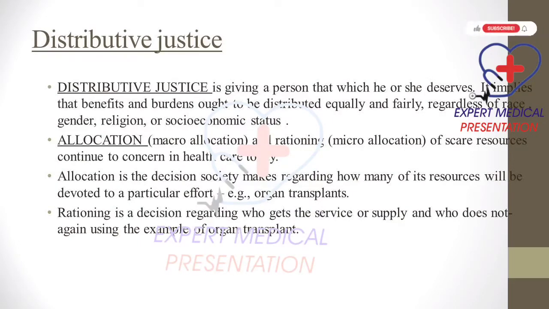Allocation is the decision society makes regarding how many of its resources will be devoted to a particular effort, for example, organ transplants. Rationing is a decision regarding who gets the service or supply and who does not, again using the example of organ transplant.